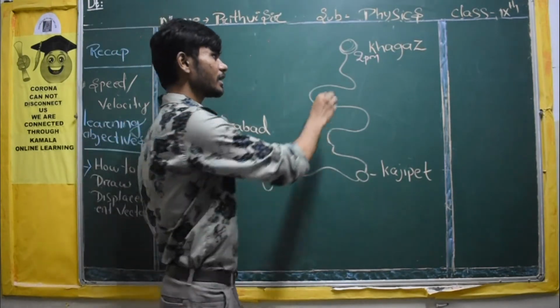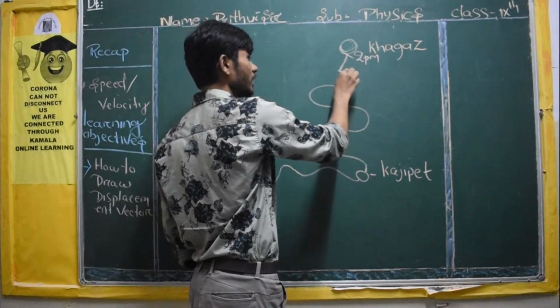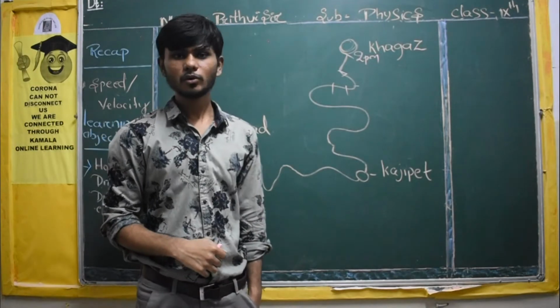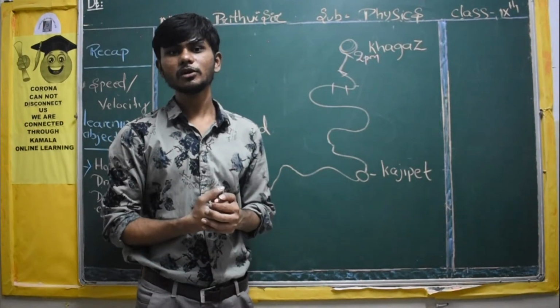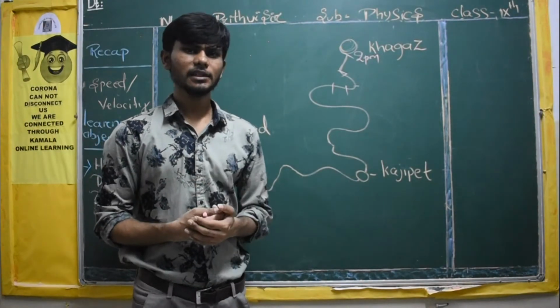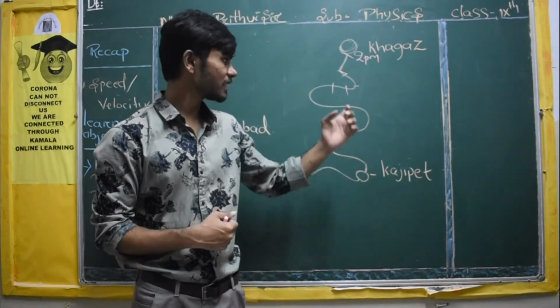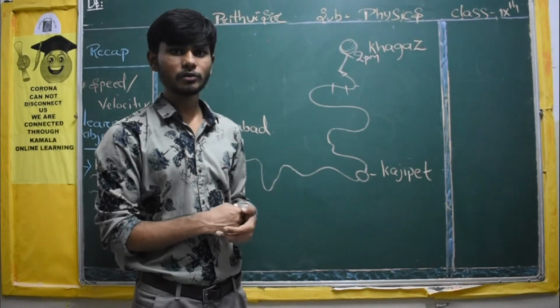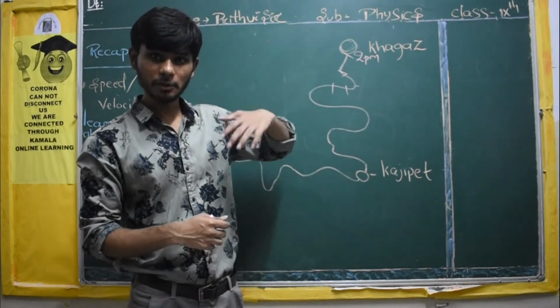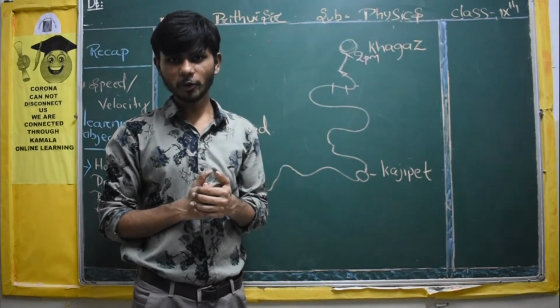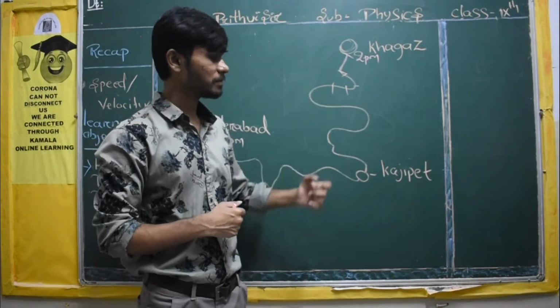Here also the same speed, here also the same speed? No, obviously not. Why not? Because the situation changes. Several stations may come, several people may come. At each station it has to slow down. If nobody is there, the train may go a little faster. So the speed varies at each and every time. You are getting my point?